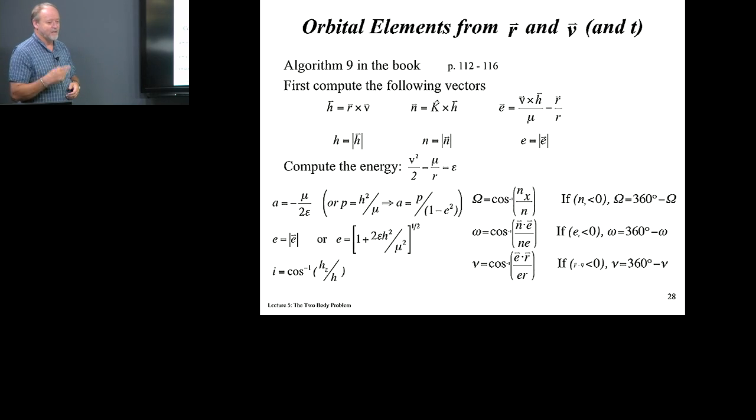And what's nice about Vallado is whenever he gives an algorithm, he almost always gives an example using that algorithm, and he gives the answer. So then you can test your code and make sure you get the same answer he did. And then maybe I've asked you to do some problem in the homework. Then you can use your code after you've tested it with the Vallado example. So if there are any questions about this, now would be a good time to ask them.